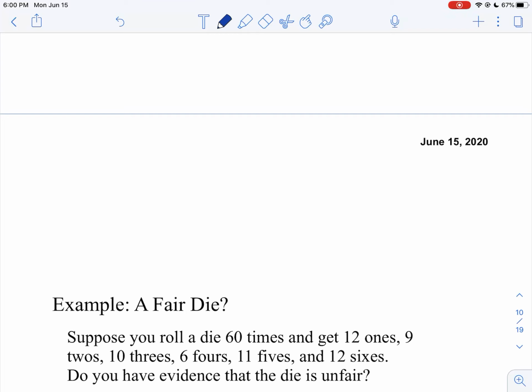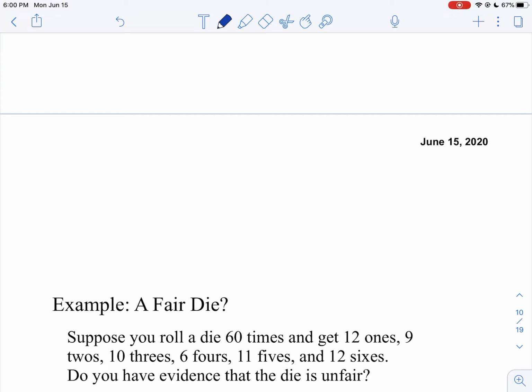So are these values off enough that we could consider the die unfair? So again, for my null hypothesis, I could list out P1 should equal, P2 should equal, and then say P1 is the proportion of all rolls that would come up with a 1, and P2 is the proportion of all rolls of a die that would come up as a 2, and so on. But that takes a long time.